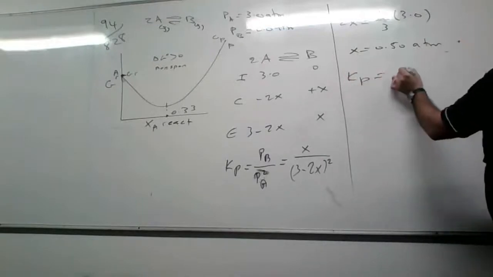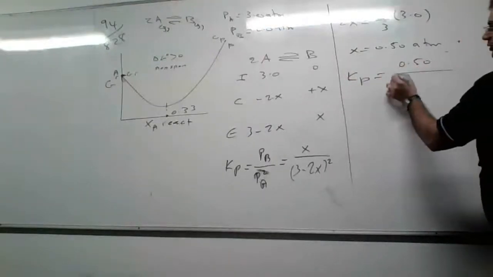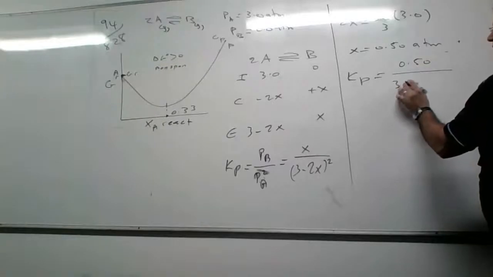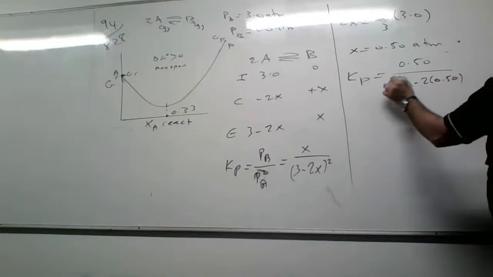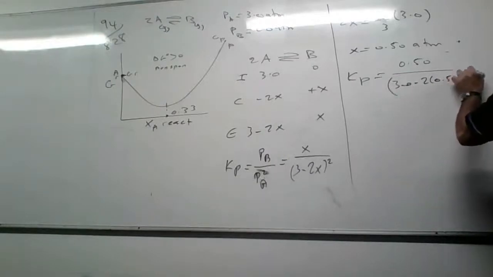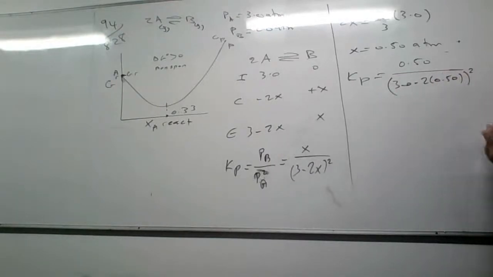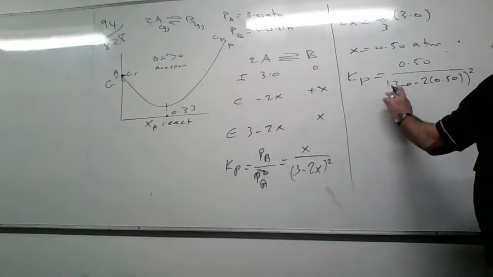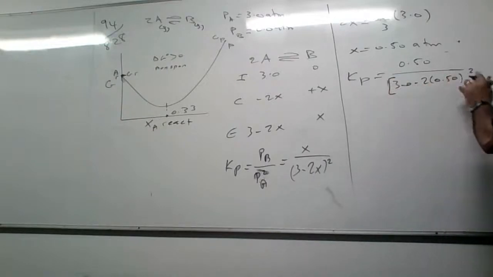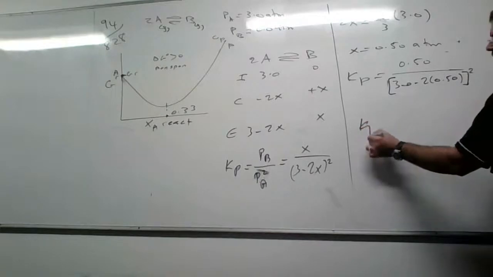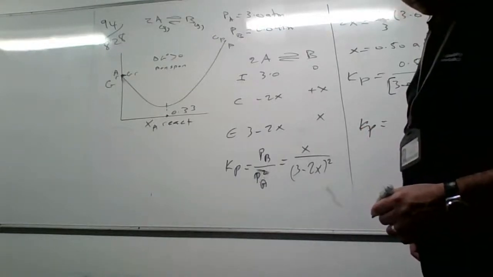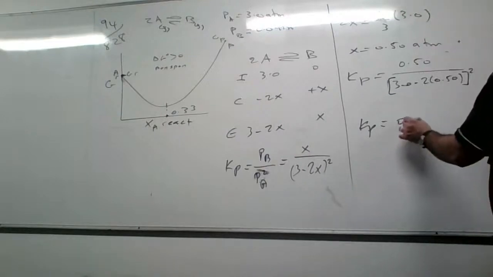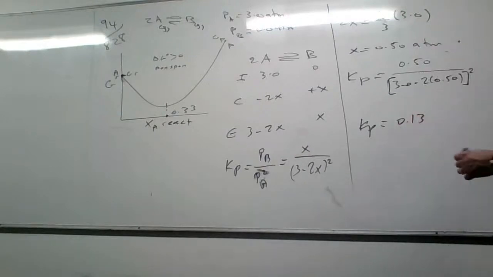Kp is equal what is, Shabab? 0.50 over 3.0 minus 2 into 0.50. So Kp is equal to what, Shabab? 0.13. Significant figure. يطلع 0.125. 0.13.